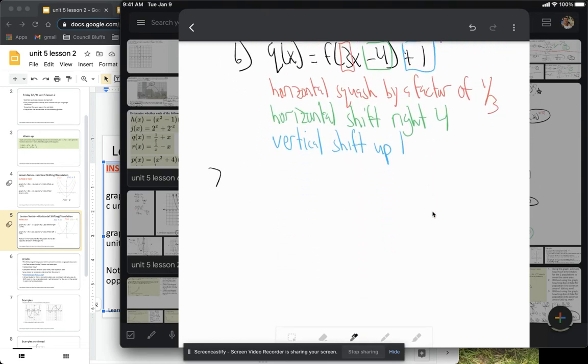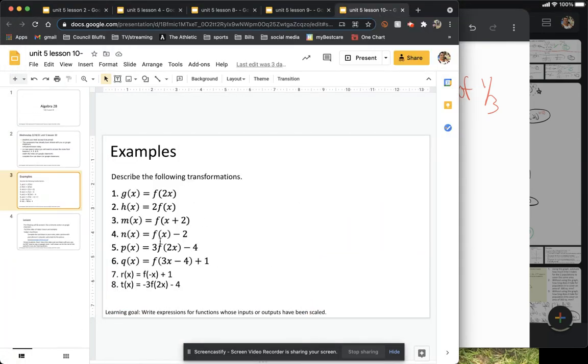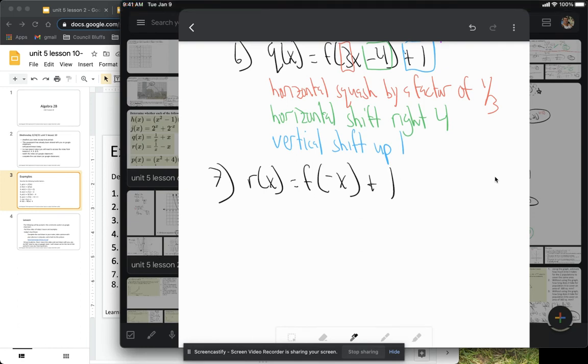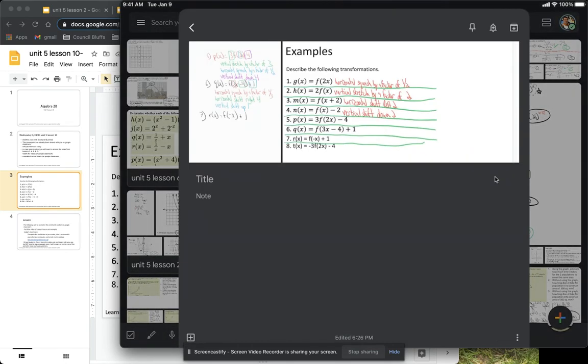Number 7, okay. Number 7 is r of x equals f of negative x plus 1. So this one, there's only 2 transformations. I have the negative here, and I have the plus 1 here. I'm going to do the easy one first, because it doesn't really matter the order we do them in.